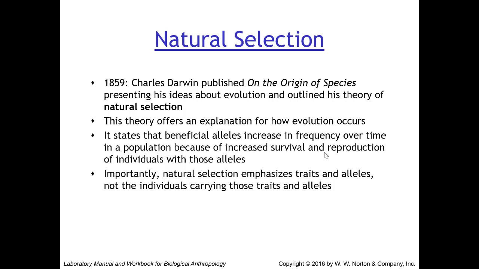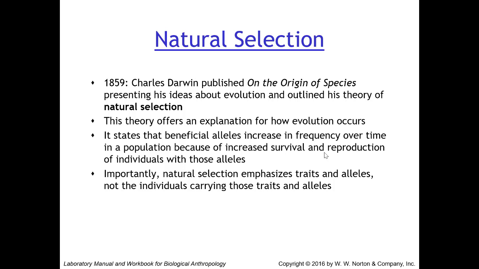They may be distributed unevenly in an environment or limited seasonally, or there may be some resources that are better, so more nutritious, safer to eat than others. So at any given time, members of a population are competing for access to these resources.